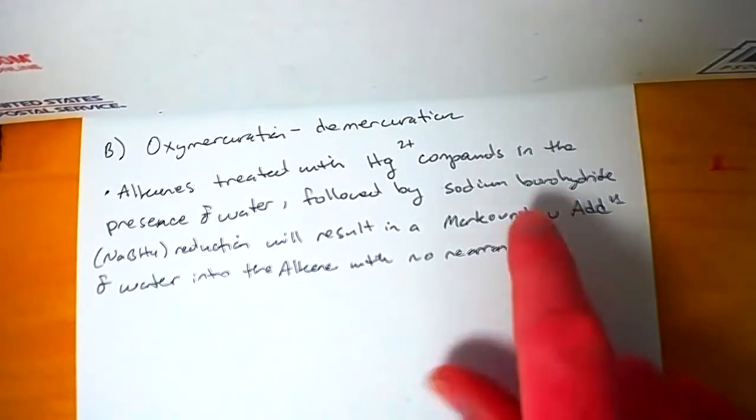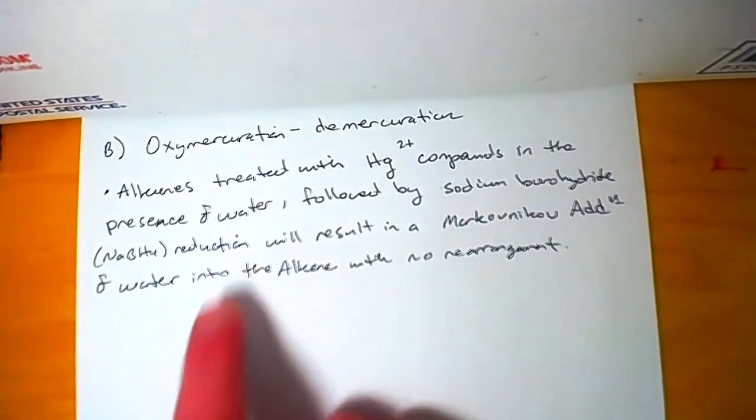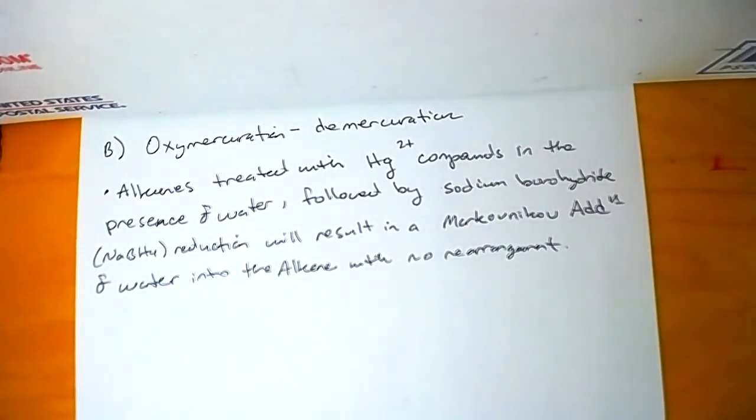Just to mention, when we talk about reduction in organic chemistry, we're generally talking about the addition of hydrogen with electrons, basically a hydride addition into a system. The net result, of course, is a gain of electrons, which is why it is a reduction. Nevertheless, you'll get more into that in organic two. But the end result is that you get a Markovnikov addition of water into the alkene with no rearrangement.